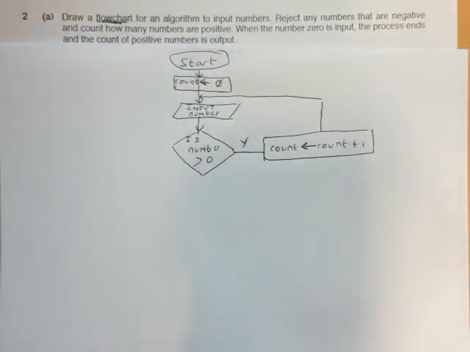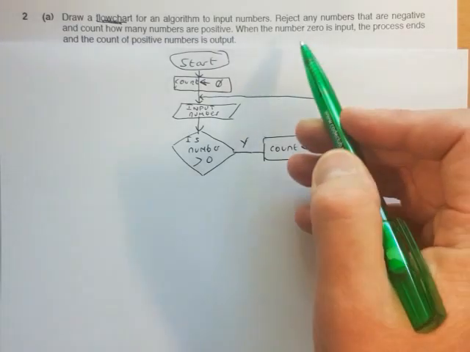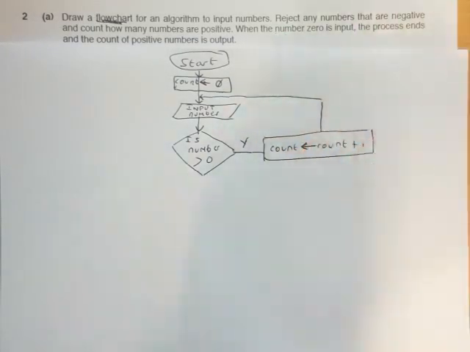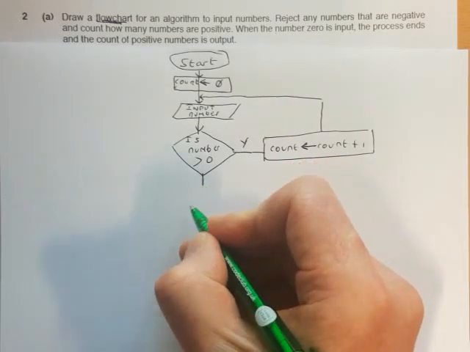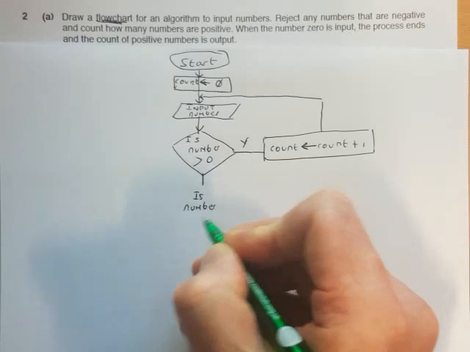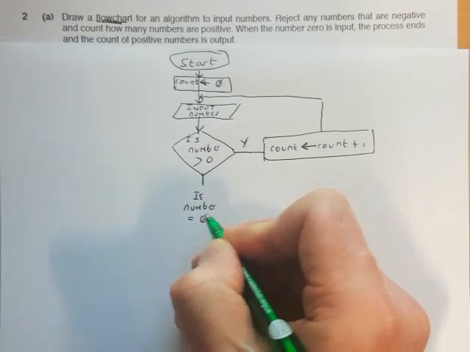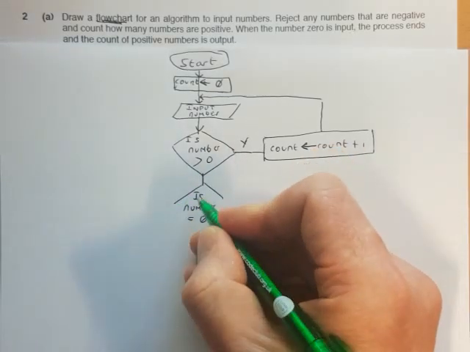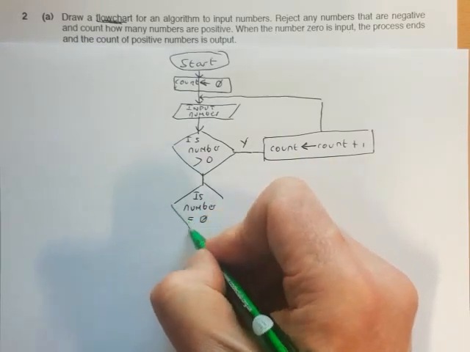So let's say they entered 0. So when the number 0 is input, the process ends. So we can do our next one here: number equal to 0. So we're using the equals now because we're comparing number with 0.